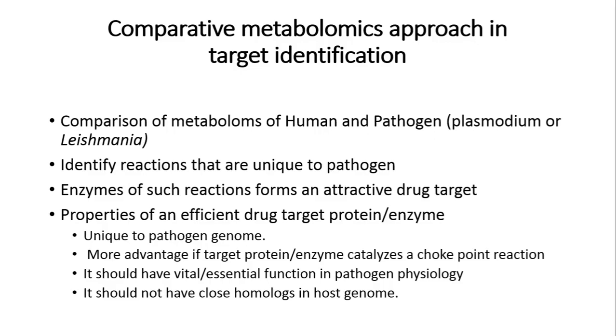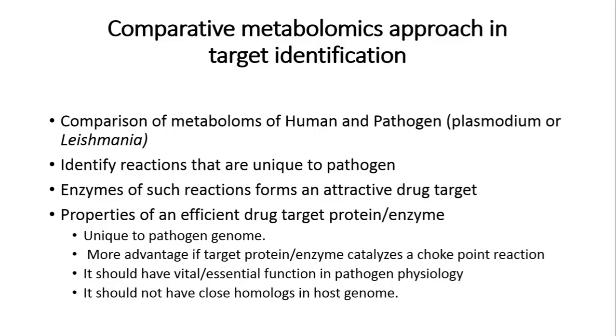Of these three classes of reactions, you would focus on the set of reactions that are present only in the pathogen. We would call such a set of reactions unique reactions present in the pathogen.